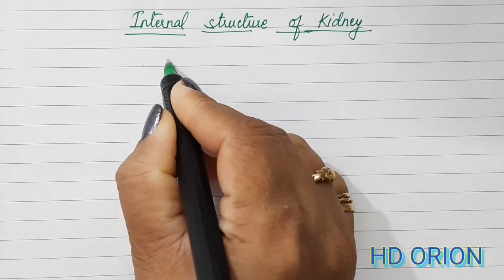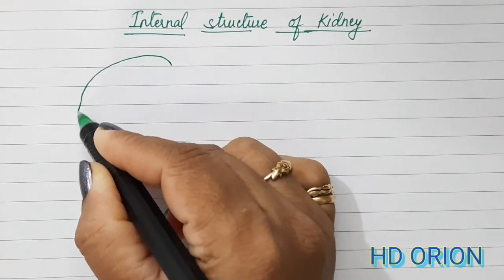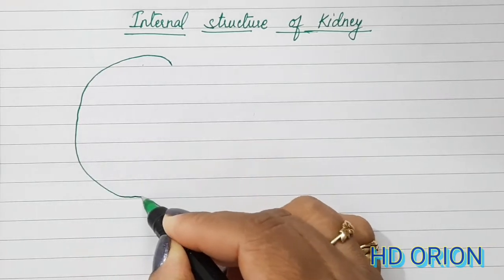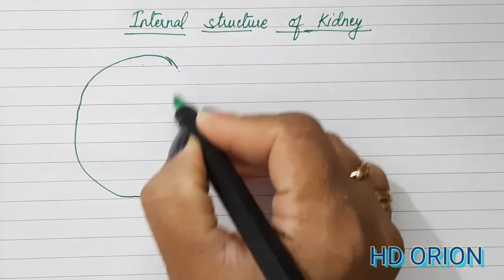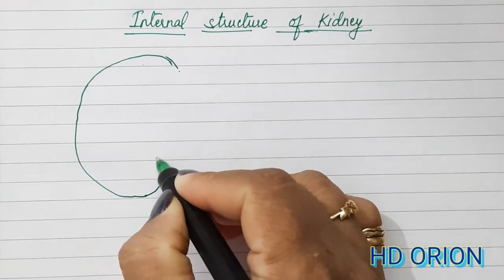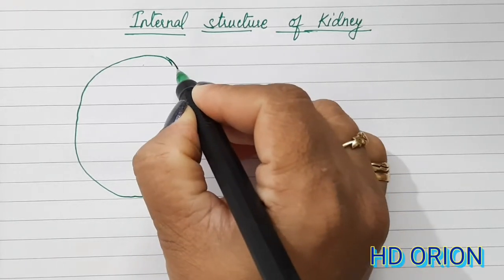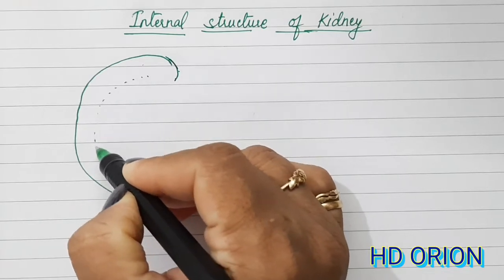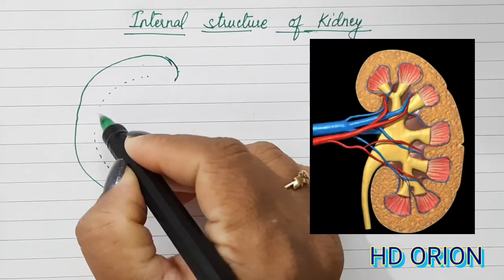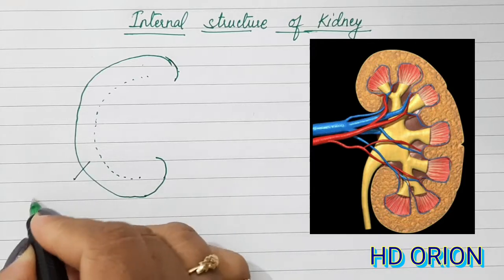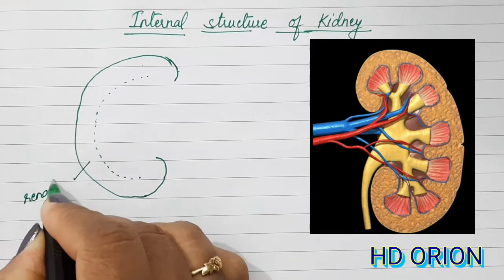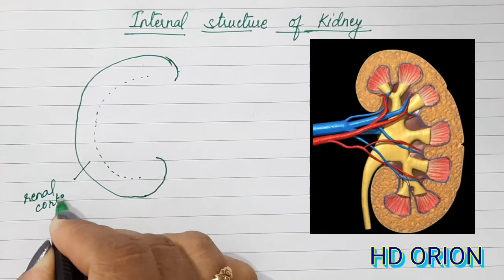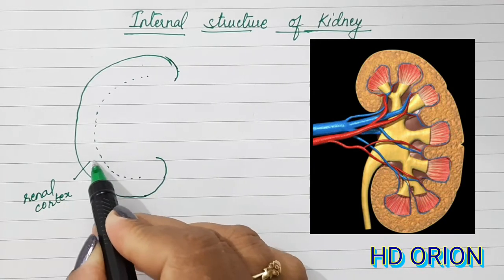We know that kidney has outer convex margin and inner concave margin. The outer portion of the kidney is called as renal cortex. This is often shown in dots.